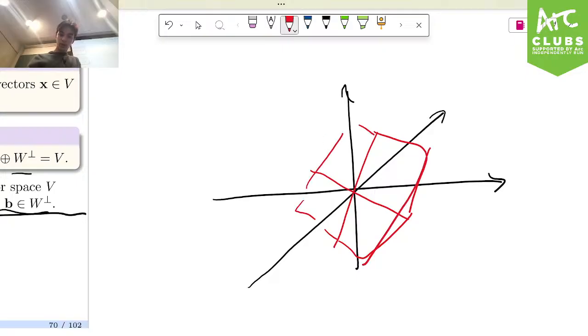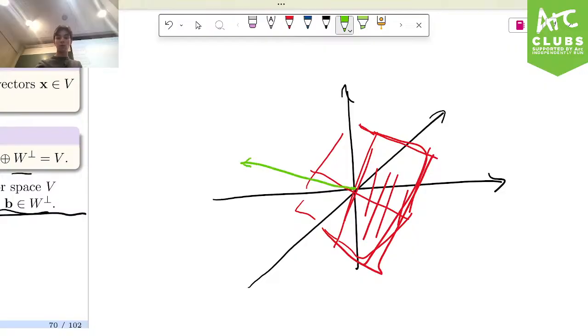Oh, bit of a janky plane. You get the idea. It's a plane, right? And necessarily the orthogonal complement to that subspace, right? The set of vectors that are perpendicular to everything in this subspace is the span of the normal vector of that plane, right?